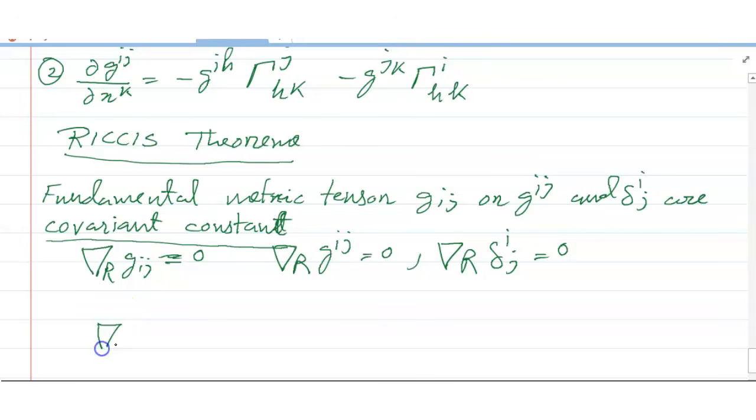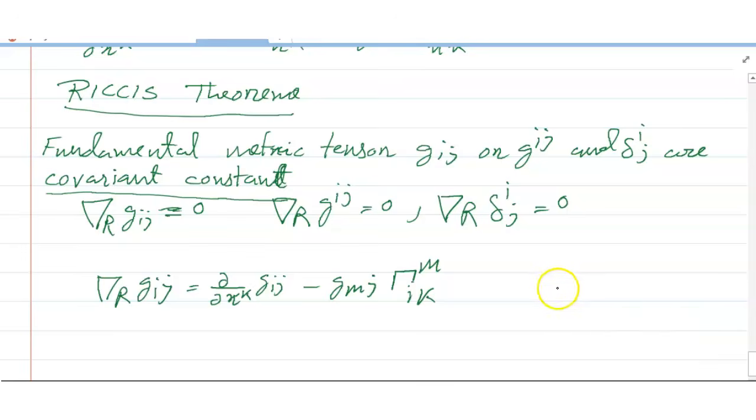So del_r g_{ij} equals the covariant derivative del g_{ij} divided by del x^k minus g_{mj} gamma^m_{ik} minus g_{im} gamma^m_{jk}. When it is covariant, we see minus; when it is contravariant, we see plus.